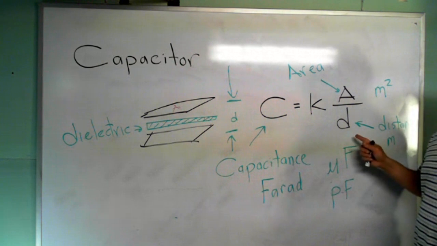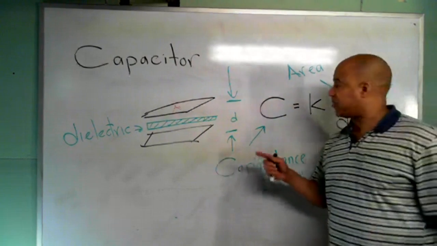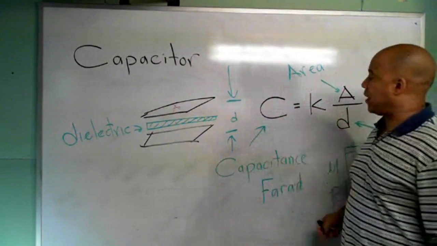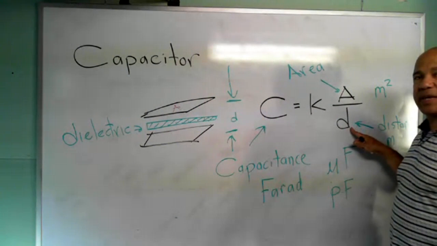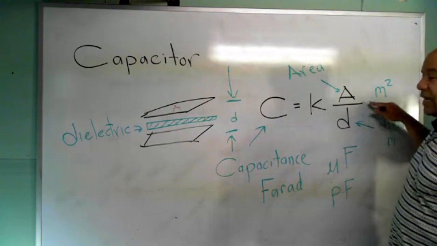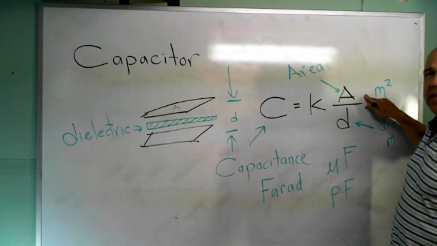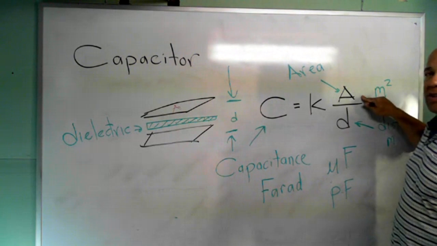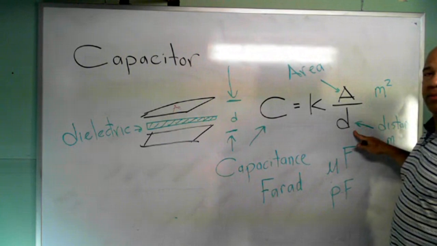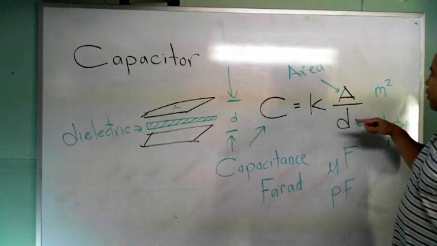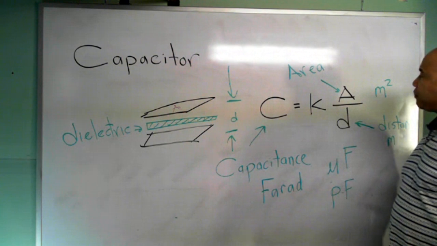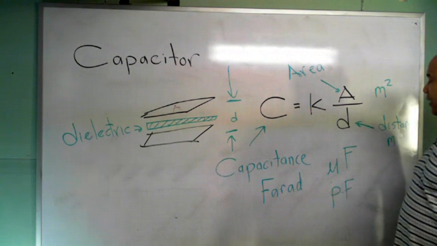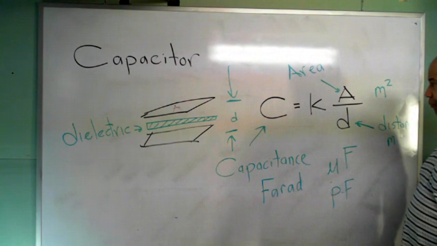The reason I'm pointing this out is that one of your homework problems uses this equation. So when you use this, D needs to be in meters and A needs to be in square meters. I think in the problem they give the area in square centimeters, so you can convert it over. If you don't convert it, you'll see your answers are off a little bit. But we'll talk about that when we get to it.